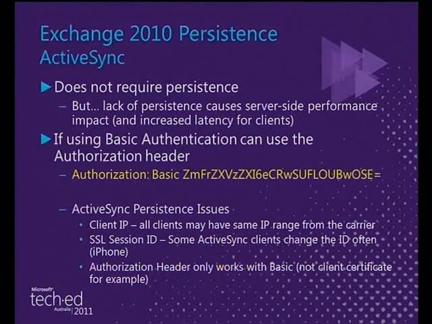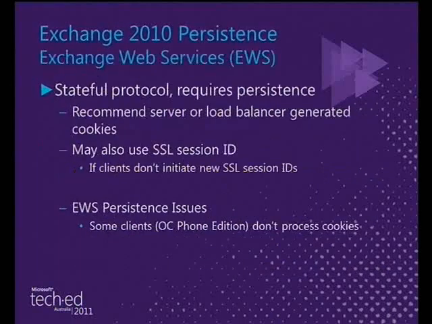So if you're a level 1 ActiveSync device, we guarantee that you'll comply with this set of ActiveSync capabilities. Level 2, a subset of that. Level 3, a superset of that, right? So that's coming. We'll have a little bit more clarity around which features and protocols are supported by the wide variety of ActiveSync partners. Until that happens, though, it's a little bit of testing by device to see which persistence options you may have available. Using the authorization header is the simplest one. If your load balancer supports that, that's our recommendation for ActiveSync.